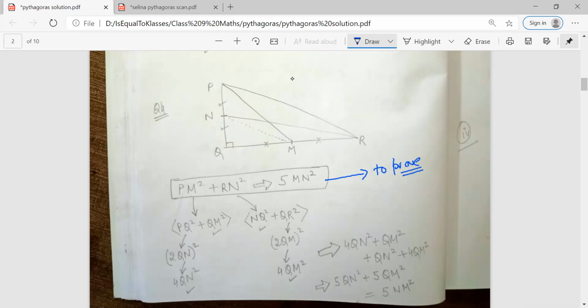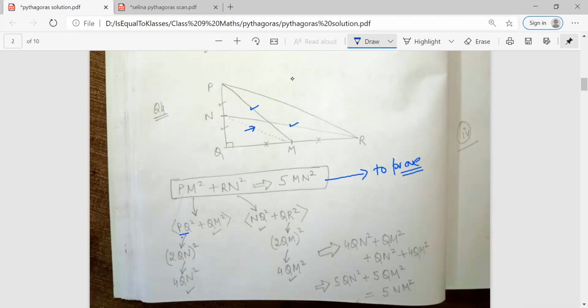So PM square plus RN square, this line square plus this line square, should be equal to 5 times MN square. Now look closely at what I've done. I've written PM square as PQ square plus QM square. Any doubt? No, sir.